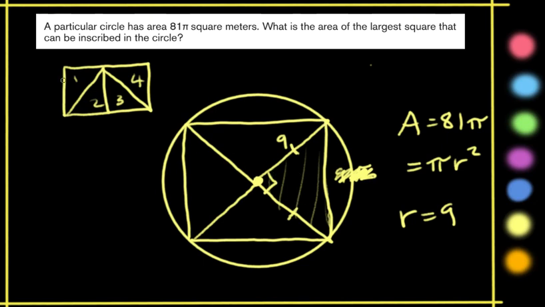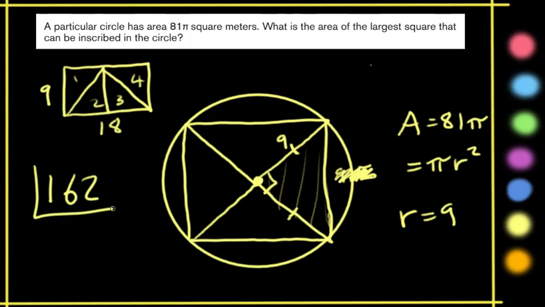Basically, once you put them together into this rectangle, the height of this rectangle will be 9, and the width of this rectangle will be 18. So the area of these 4 triangles put together, which is the same as the area of this square, which is the same as the area of this rectangle, is just going to be 9 times 18, which is 81 times 2, which is 162.